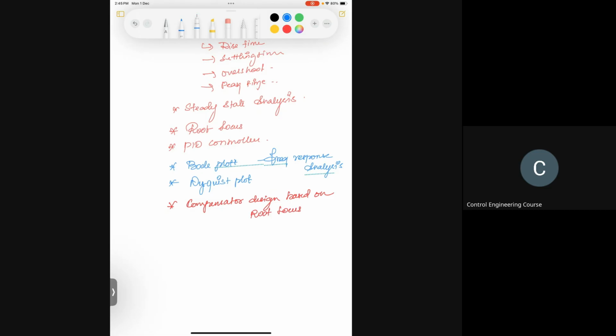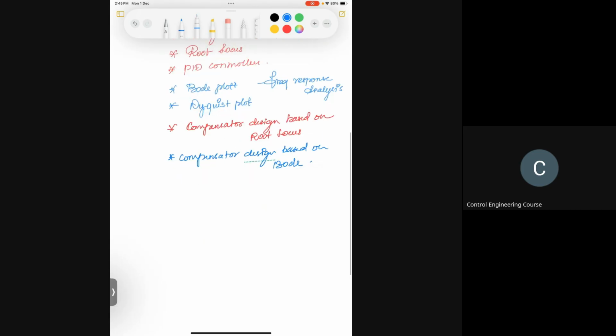Then we switch to compensated design based on Bode, which is again a frequency domain analysis. With these tools we have done. Right, whatever tools we have studied before, we implemented those tools to design a compensator that is otherwise called a controller.